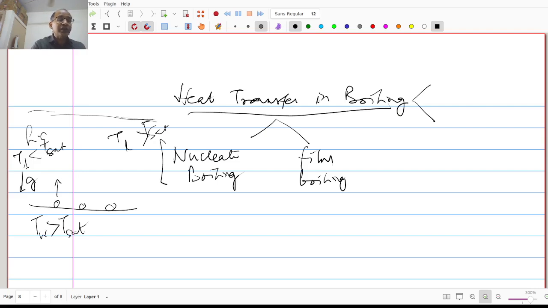And when T liquid is less than T saturation, as the bubble goes into the liquid, it starts condensing around its periphery because the liquid is cooler, and eventually the bubble disappears. It becomes smaller and smaller and disappears. So the bubble collapses.